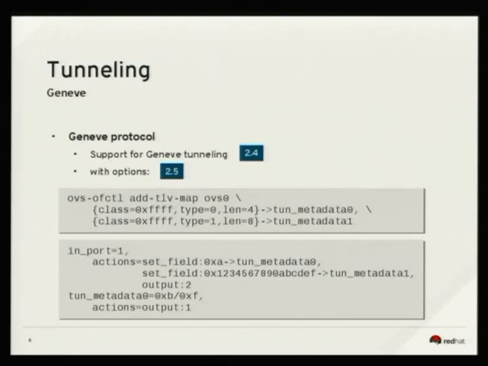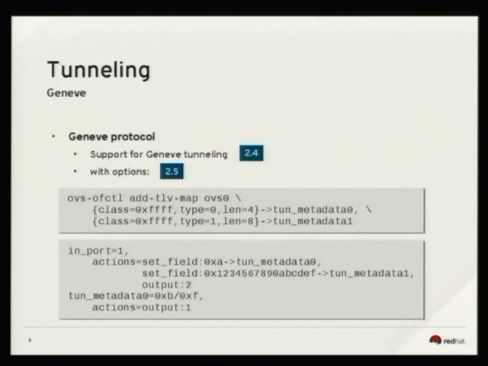So support for Geneve tunneling was added to OVS 2.4, but only the upcoming 2.5 release adds support for actually matching on the metadata and setting it. And it's done using TLV, type length value, and it's really generic.